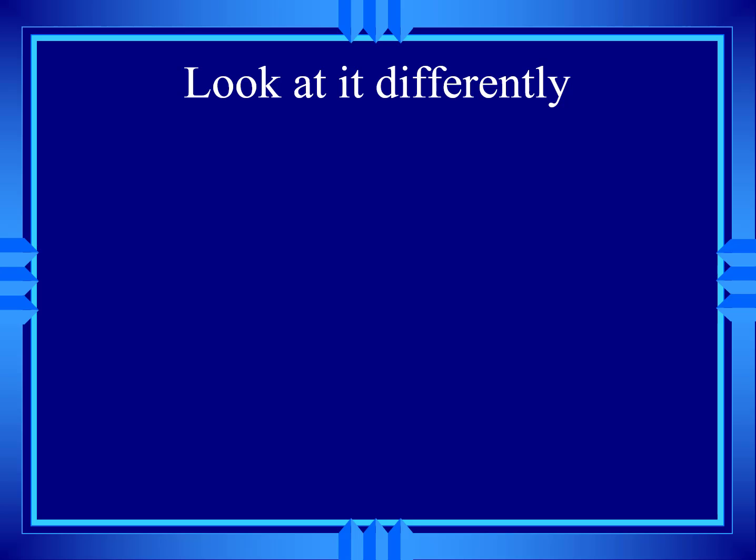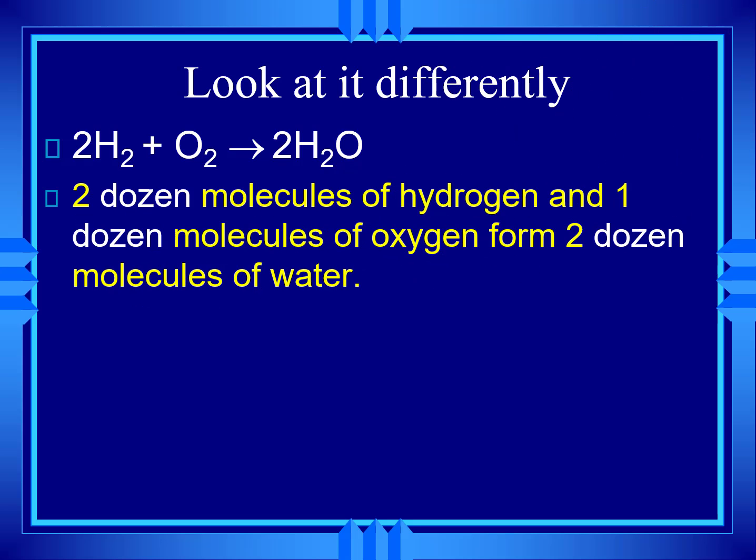Now we're going to tie it to moles. We've got this equation, and we said that was 2 molecules of hydrogen and 1 molecule of oxygen makes 2 molecules of water. But what if I did this 12 times? Wouldn't 2 dozen molecules of hydrogen and 1 dozen molecules of oxygen form 2 dozen molecules of water? If I do it a dozen times, I'll use 2 dozen molecules, and I'll make 2 dozen molecules.